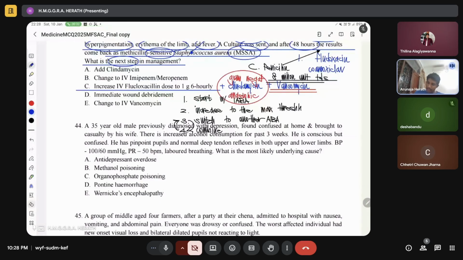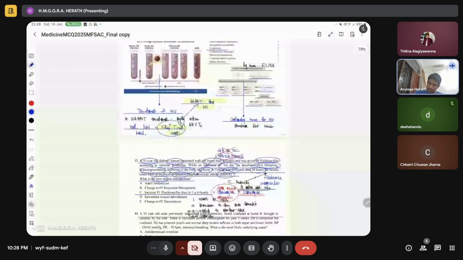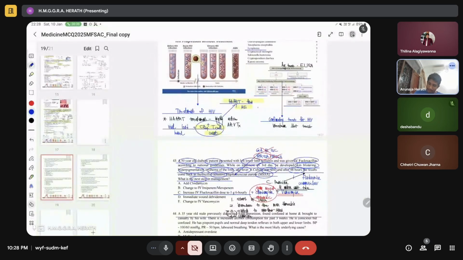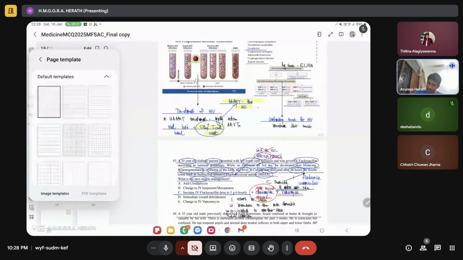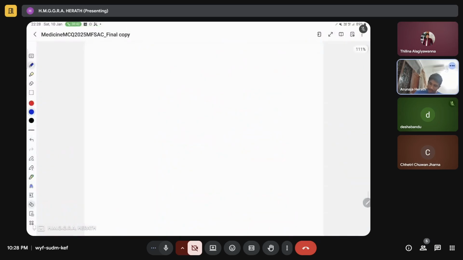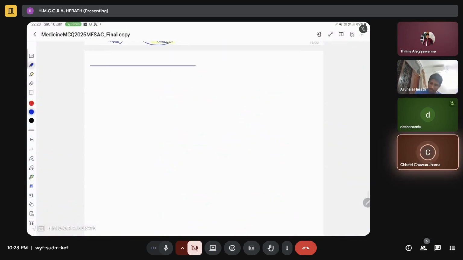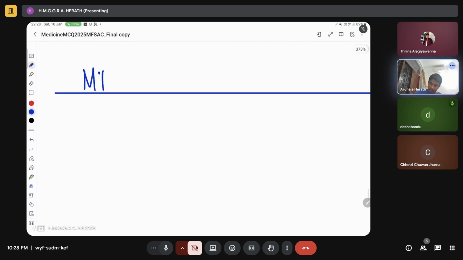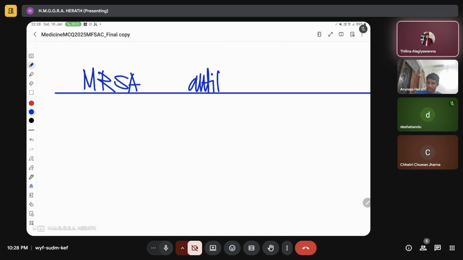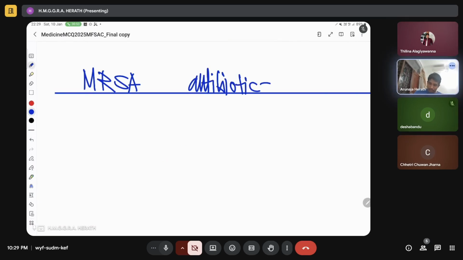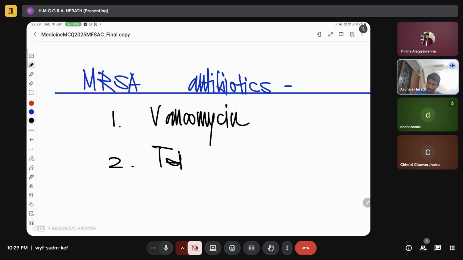So again, what are the antibiotics that are effective for MRSA? Commonly asked. Vancomycin, teicoplanin.